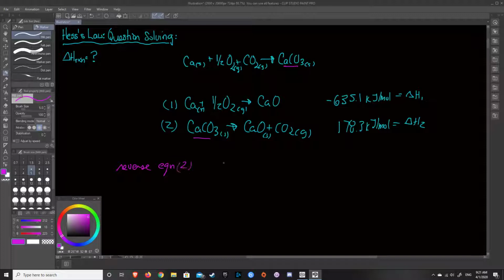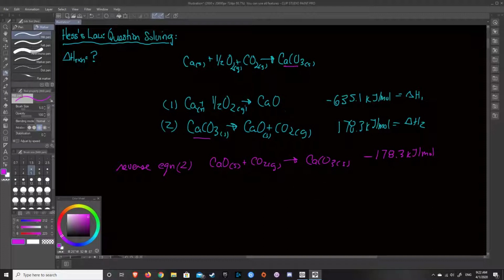What we end up getting is calcium oxide solid plus CO2 gas reacts to form CaCO3 solid and releases 178.3 kilojoules per mole of energy.